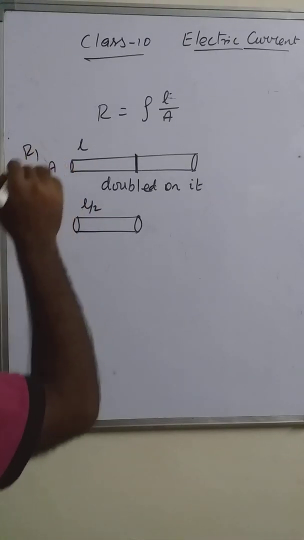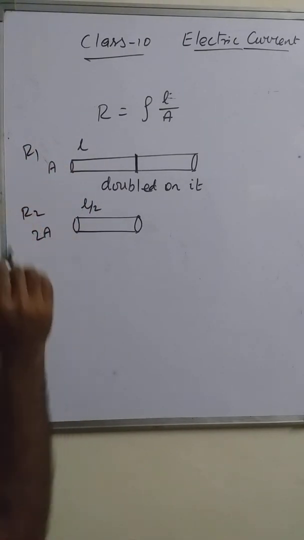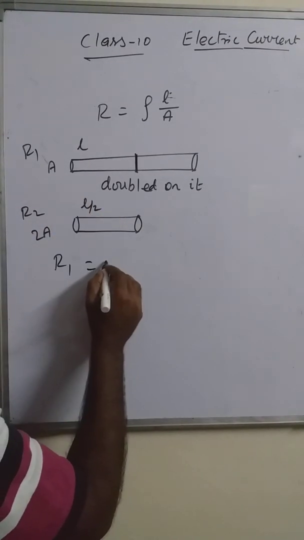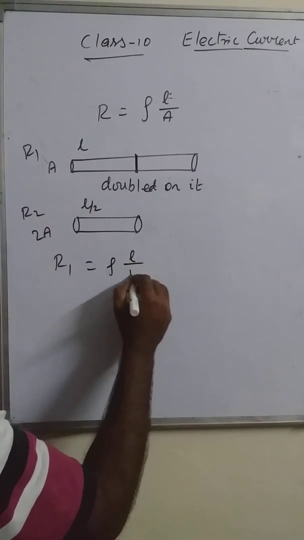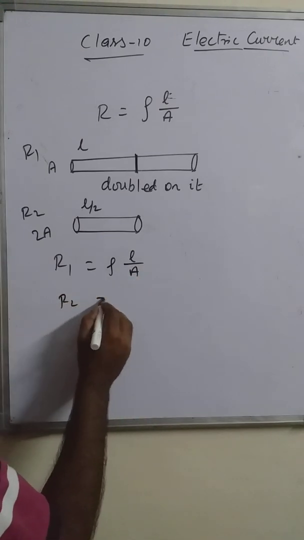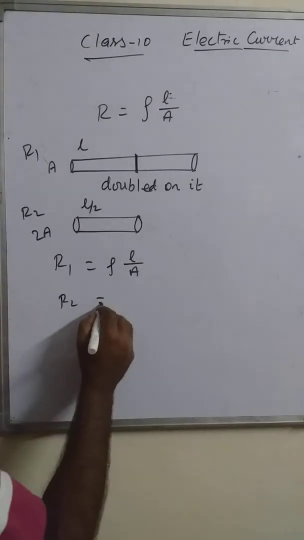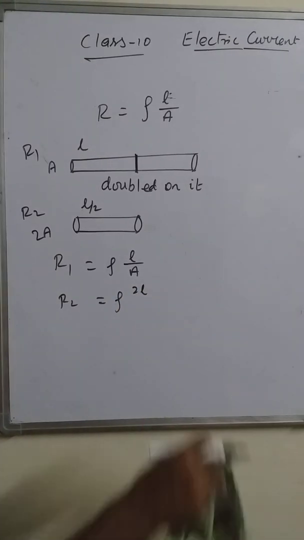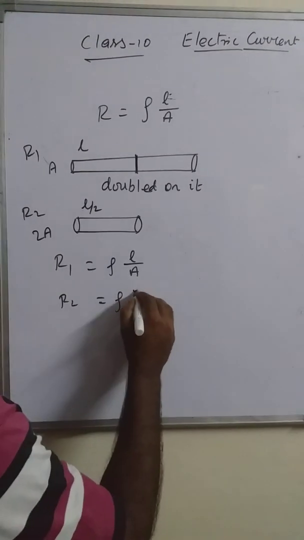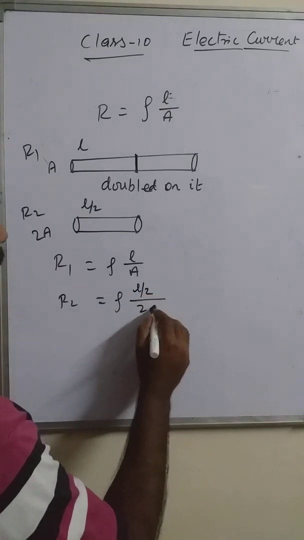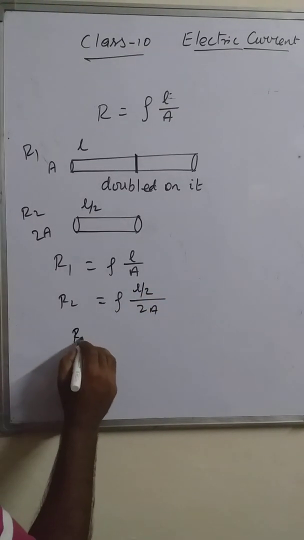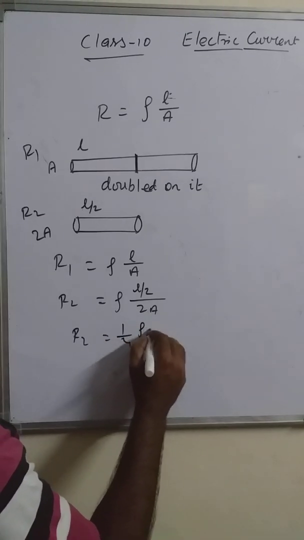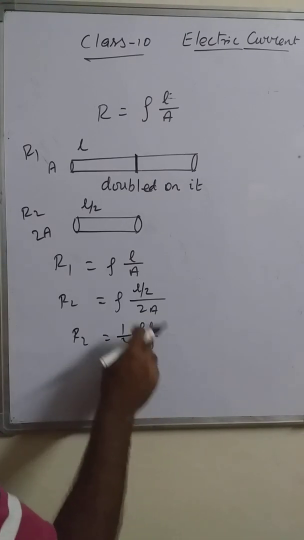Now the initial resistance and the final resistance. For the initial resistance, we have the relation R1 equal to rho L upon A, and the new resistance after doubling on itself is rho L2 upon 2A, right? And it comes R2 is equal to 1 by 4 rho L upon A. So what is rho L upon A?